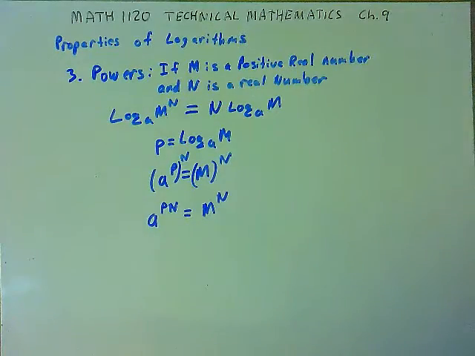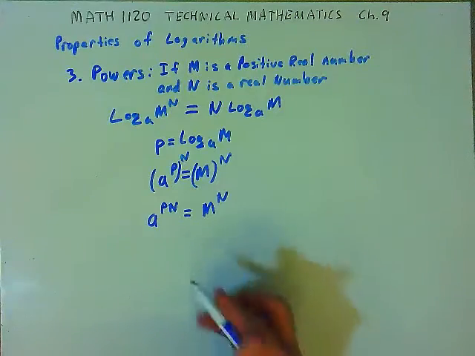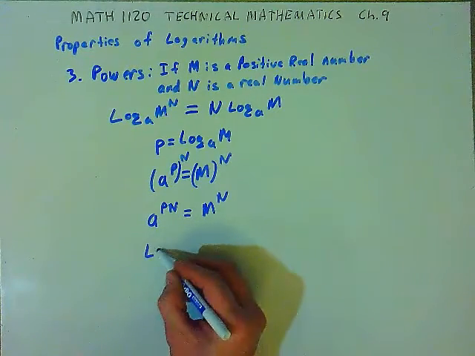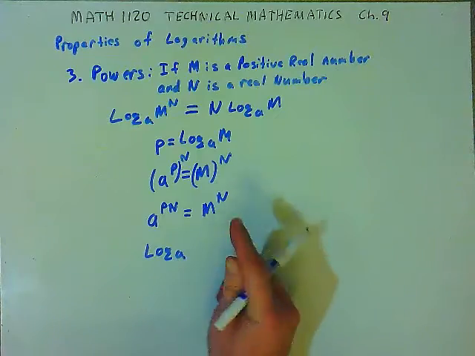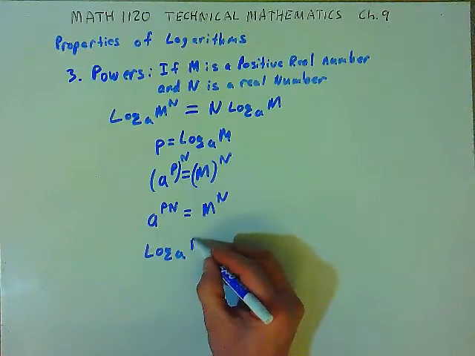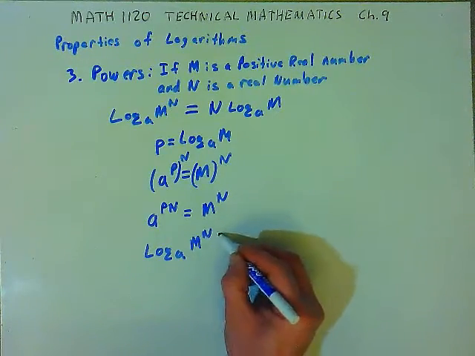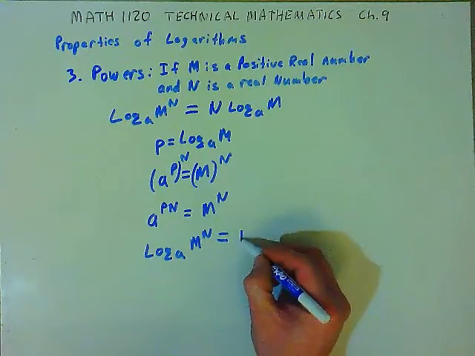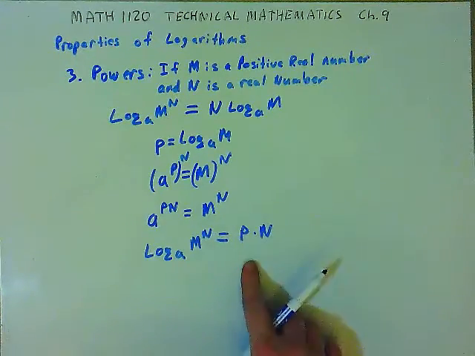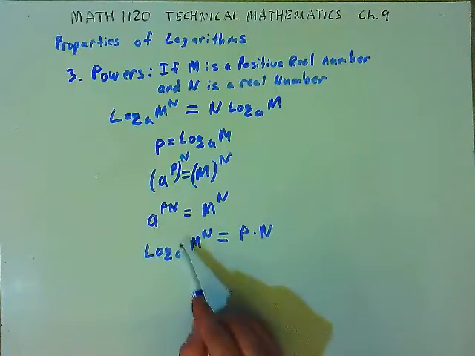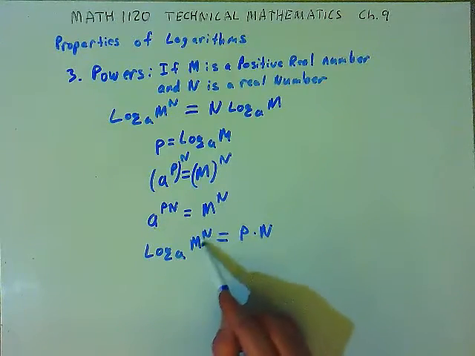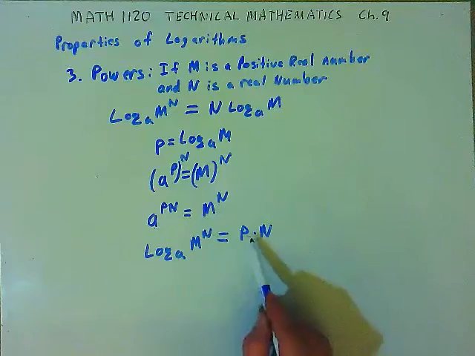Okay, and now we can rewrite this in a logarithmic form, which is going to say that the log base a of m to the n power is equal to p times n, right? And so the log base a of m to the n power is equal to this exponent, p times n, right?